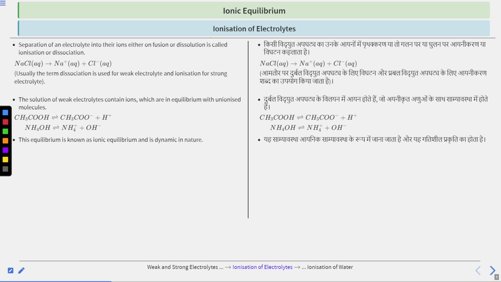Ionization of electrolytes. So we have our electrolytes, and they have types like weak and strong. But how does the ionization of electrolytes occur?